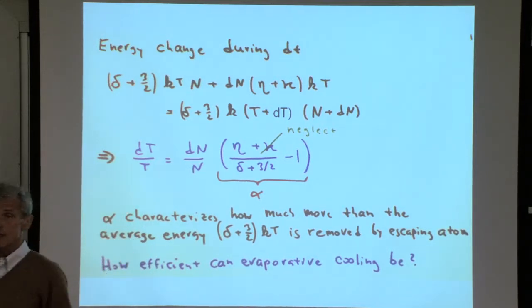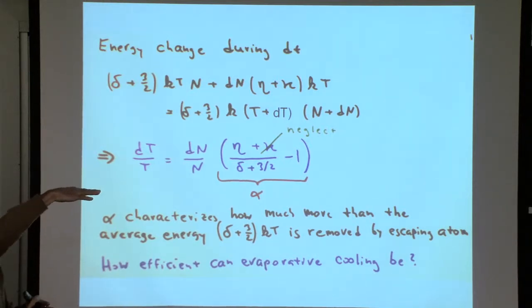So that's now very simple. Once we know the threshold of the trap, eta kT, at what energy we leak out atoms, we have a complete description of the energy, the phase space density, and such after we've lost a number of atoms.